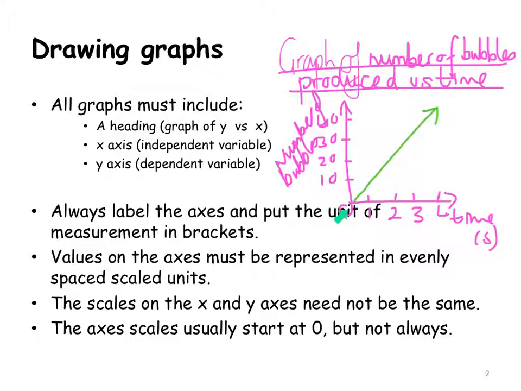I try and start at 0, not always, but most of the time. I'm not fond, and nor are the examiners fond of the zigzag thing where you half chop away part of the axis. Try to start at 0, means that you can compare exactly what's going on from the starting point. So at 0 seconds, there were 0 bubbles.